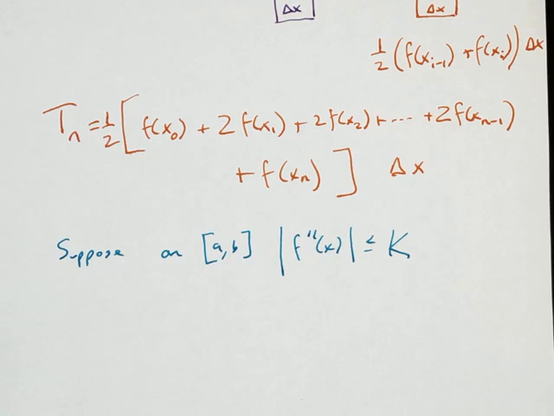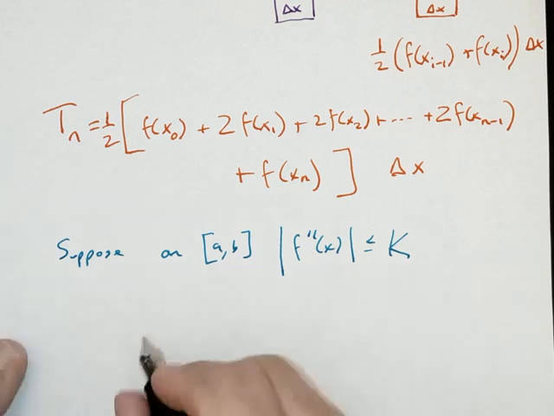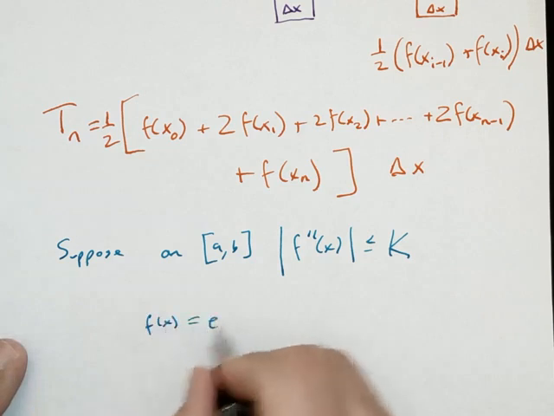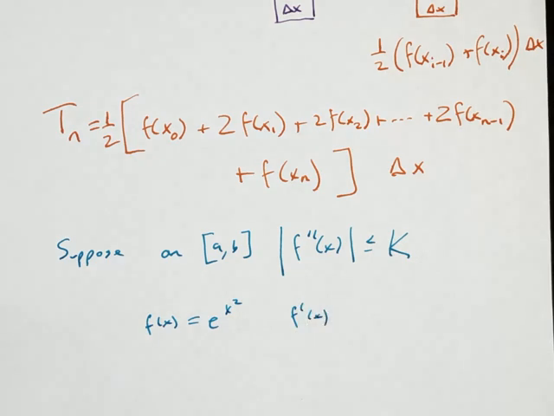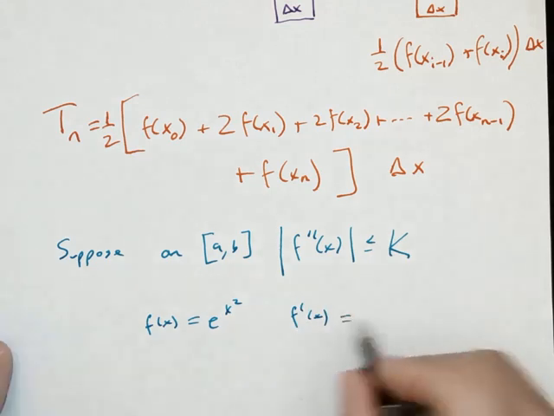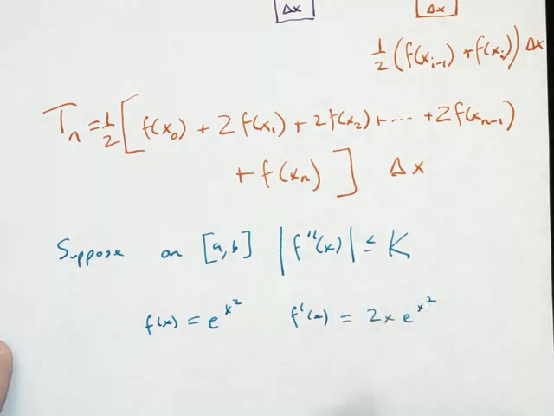I need to ask myself, what's the second derivative? So let's look at our function. f of x was e to the x squared. What's f prime of x? Congratulations, Maddie. I get to go back to doing derivatives. 2x e to the x squared. Chain rule.